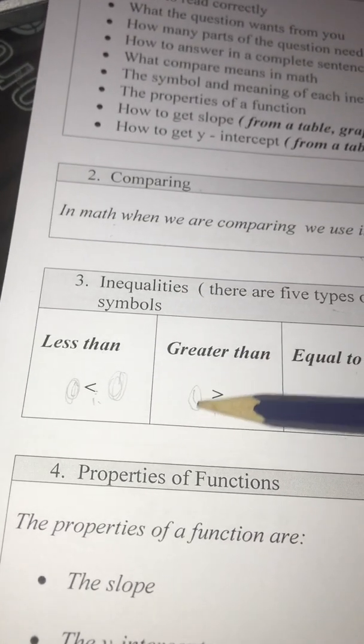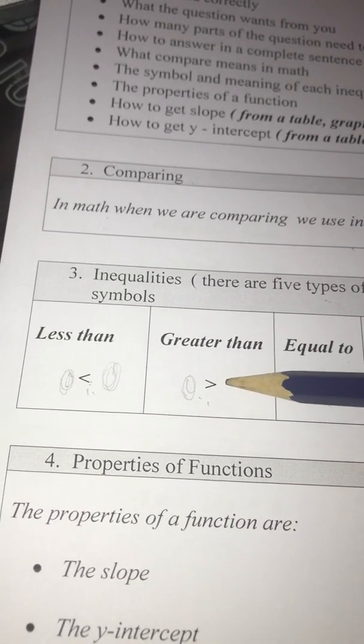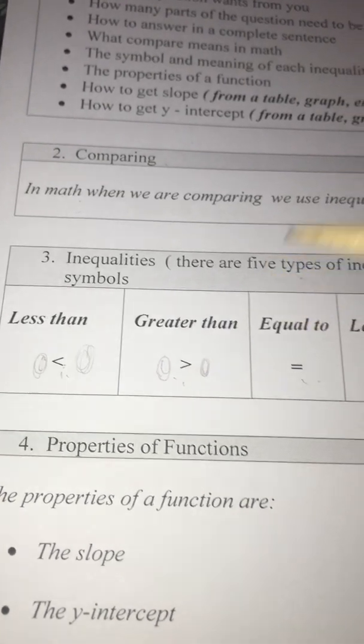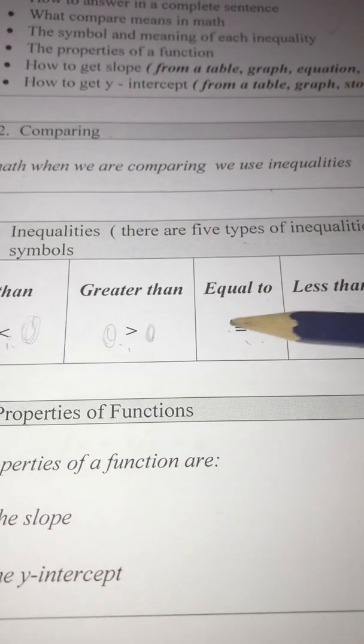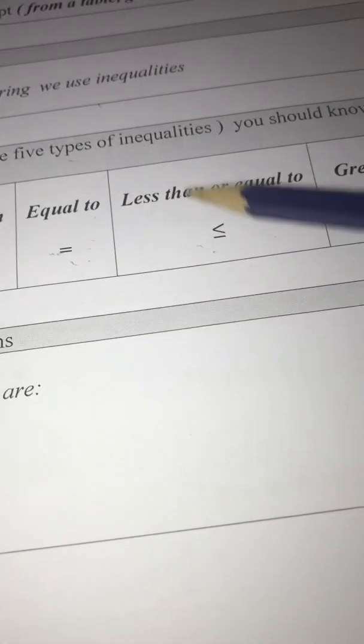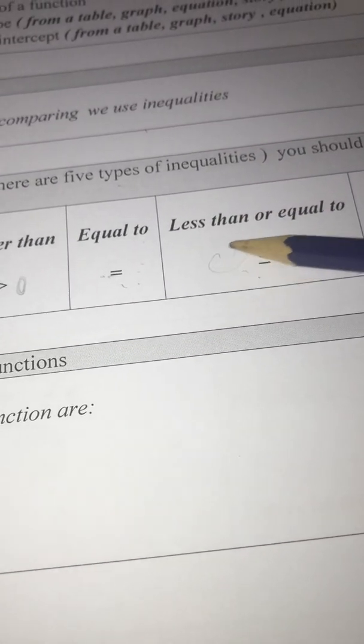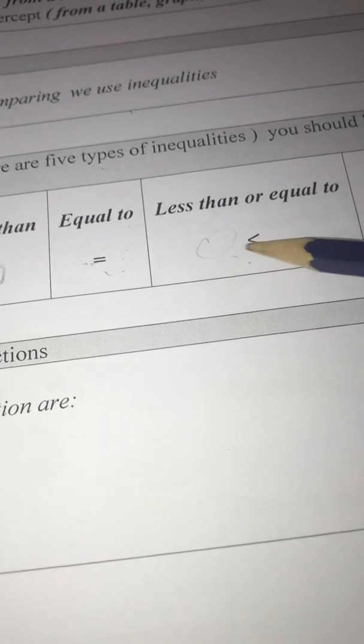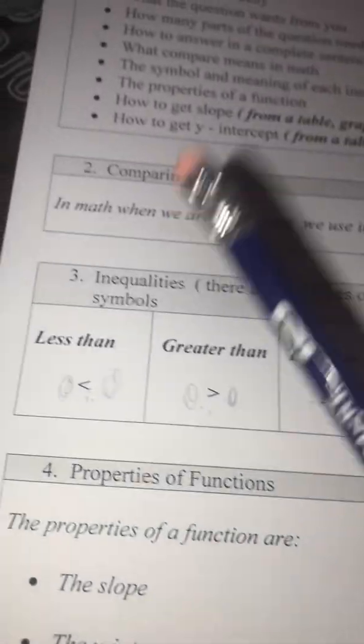The value you write over here has to be greater than the value you write over here. The values of both sides has to be the same. Depending on your question, you will have to choose the correct one.